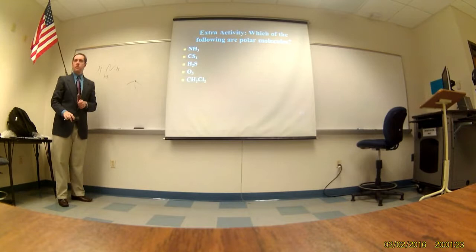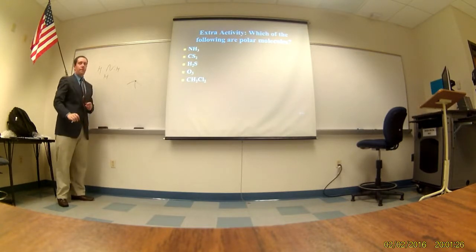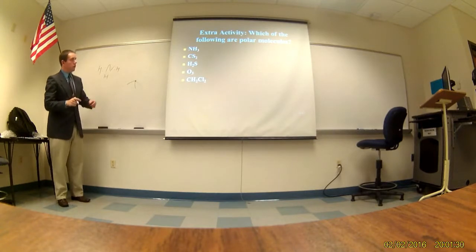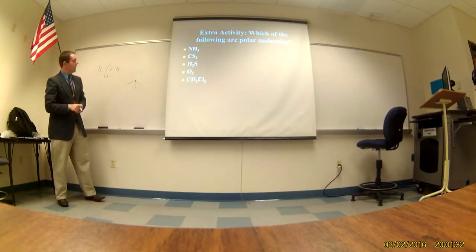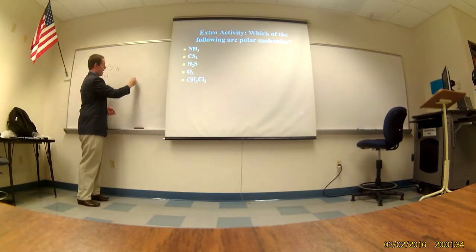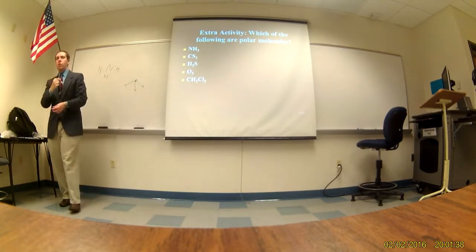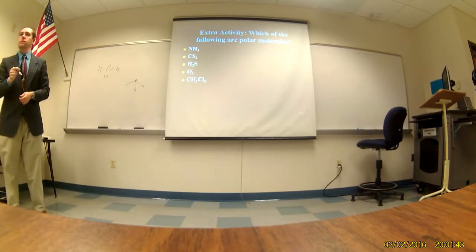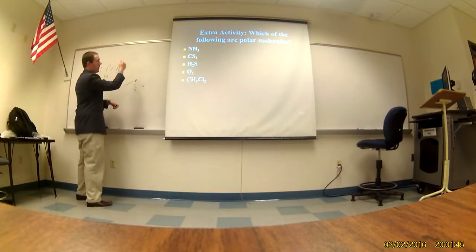And what's that called? A trigonal. Trigonal what? Pyramidal. Trigonal pyramidal. So the shape is trigonal pyramidal. We have, this is an N, and we have H, H, H. Is that polar or non-polar? That's polar. We have H's on the bottom, nothing on top.